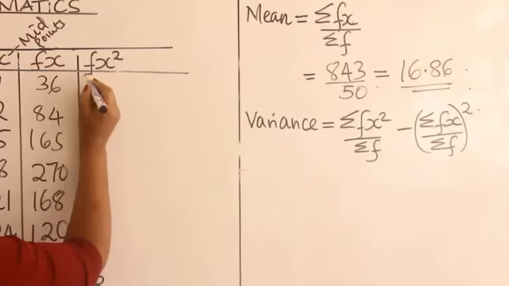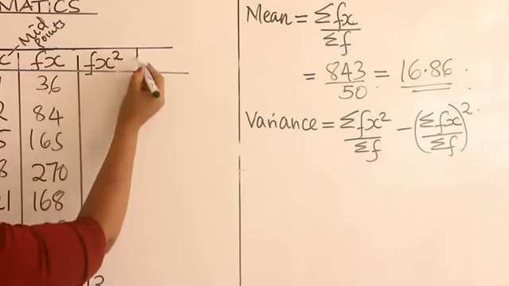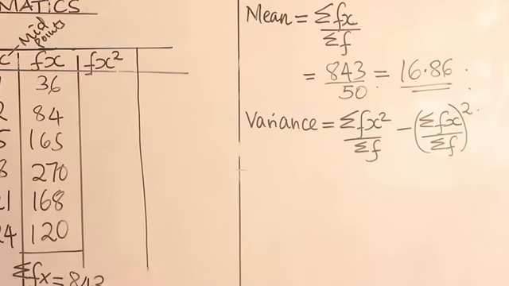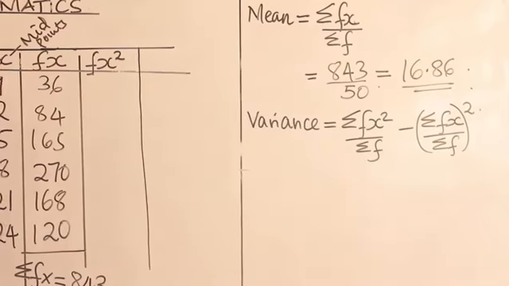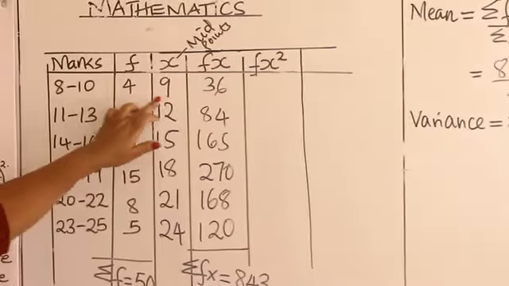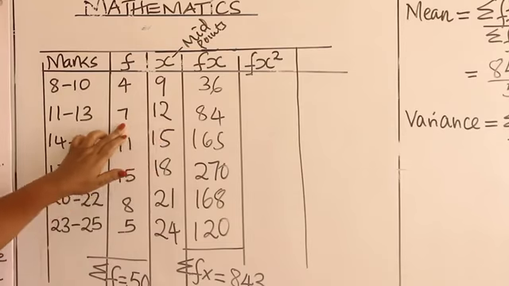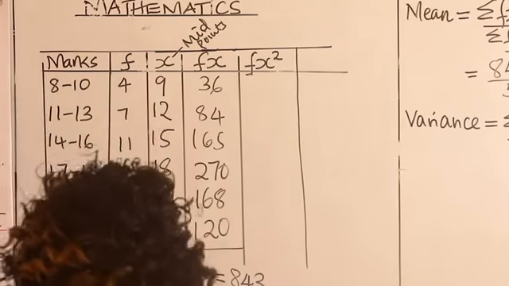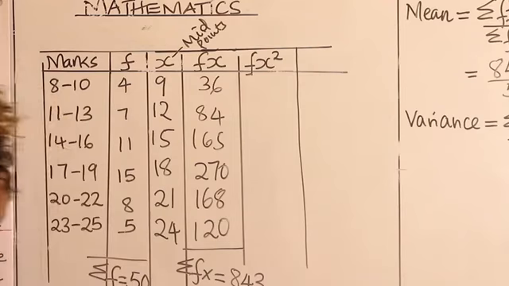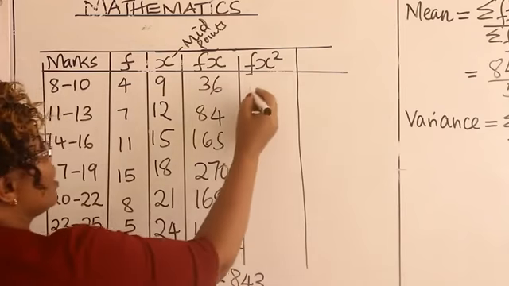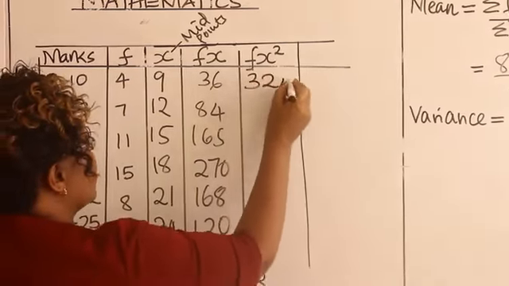You need that column. So you come here and you square the x and multiply by f, with a calculator. What should you get? This should give you 324.